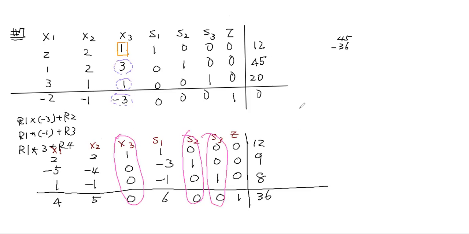So we can write out the solution: x3 equals 12, x2 equals 0, x1 equals 0, then s2 equals 9, s3 equals 8, and Z is 36. Okay, that's how you pivot in the simplex method.